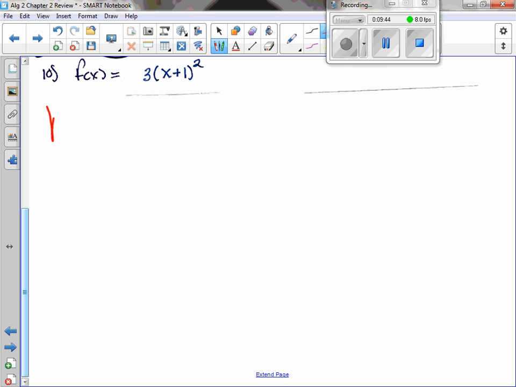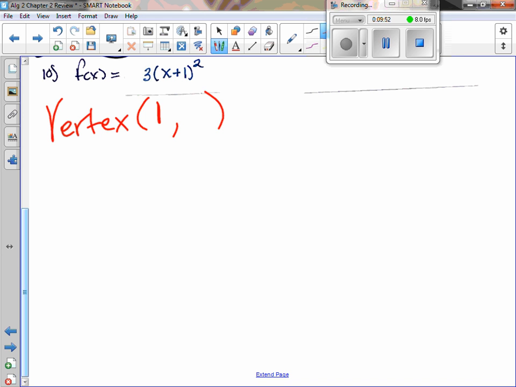So this is in vertex form, so we know what the vertex is. What's the h value? Almost. Negative 1. What's the value of k? Axis of symmetry would be x is equal to, because since 1 was positive inside of the parentheses, it comes out as negative.